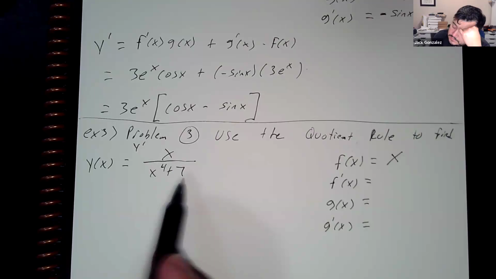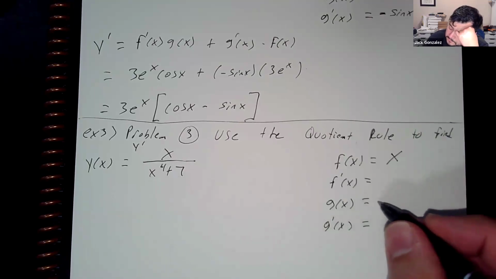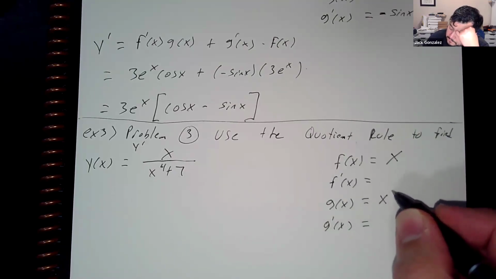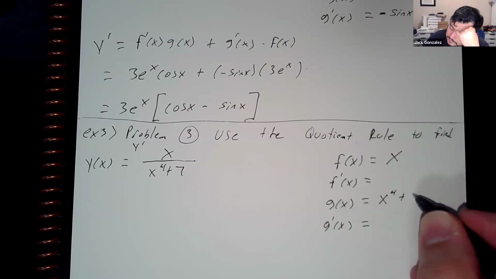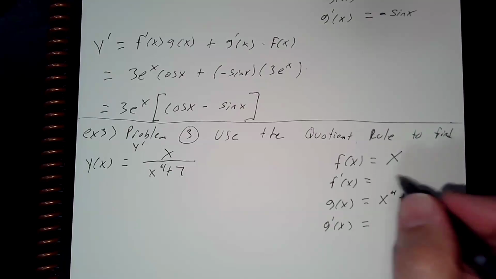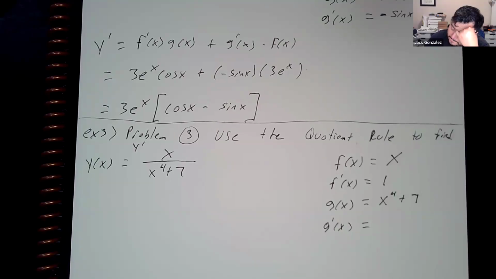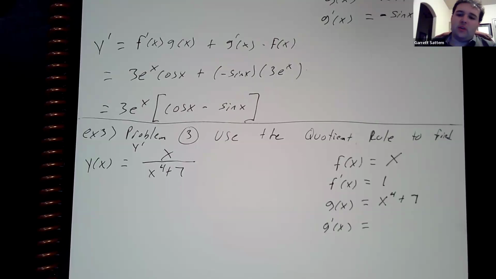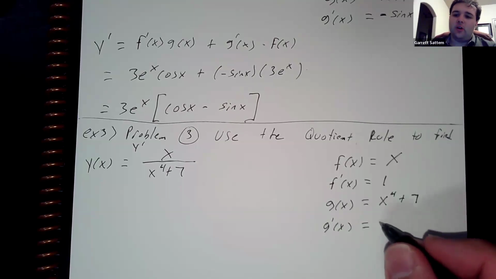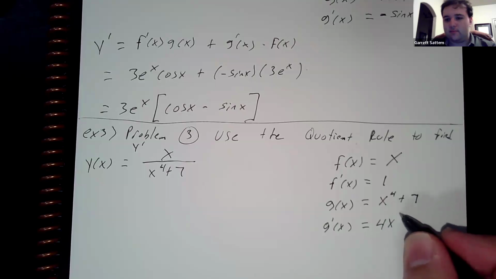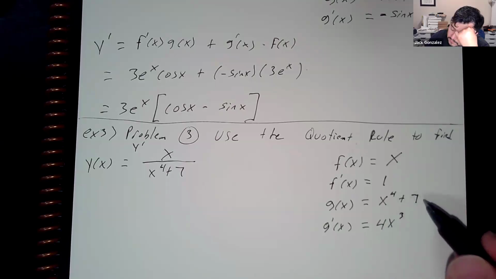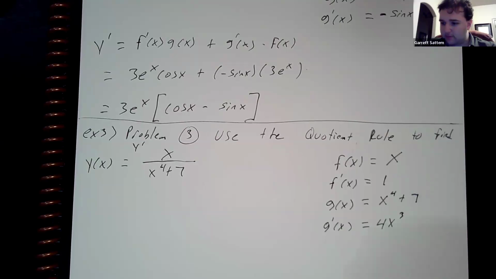The bottom part is g. What is the derivative of x? 1. And g prime? g prime would be 4x cubed plus 7. Oh no, just 4x cubed. I'm sorry. This would be 0, right? Yes, it would be 0.